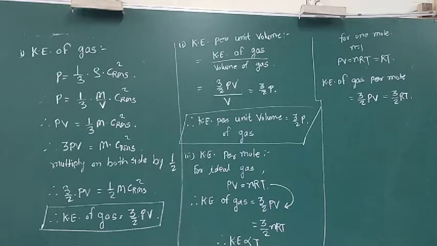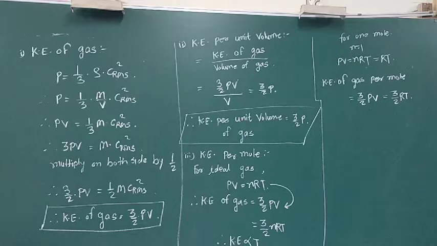Next one, kinetic energy per mole. For the ideal gas equation, PV is equal to nRT. Kinetic energy of a gas is equal to 3 by 2 PV, which is equal to 3 by 2 nRT. 3 by 2 is a number, n is the number of moles, R is the universal gas constant.